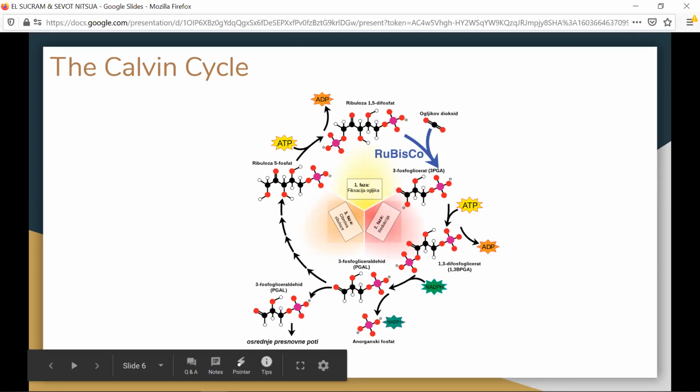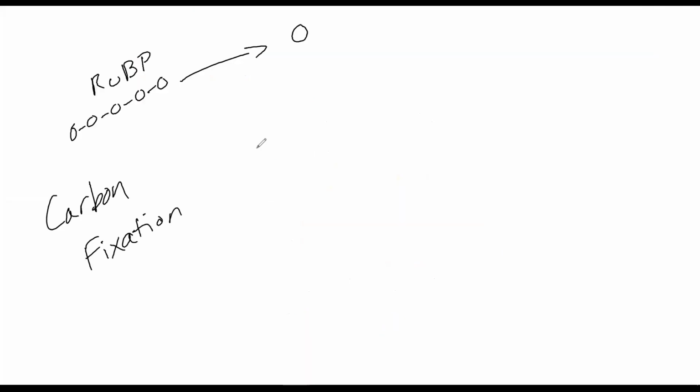So now it'll combine into a 6 carbon molecule. That 6 carbon molecule is then going to be broken into 2 3 carbon molecules, similar to how you would break it apart in glycolysis, but this time they're going to become a thing called PGA.